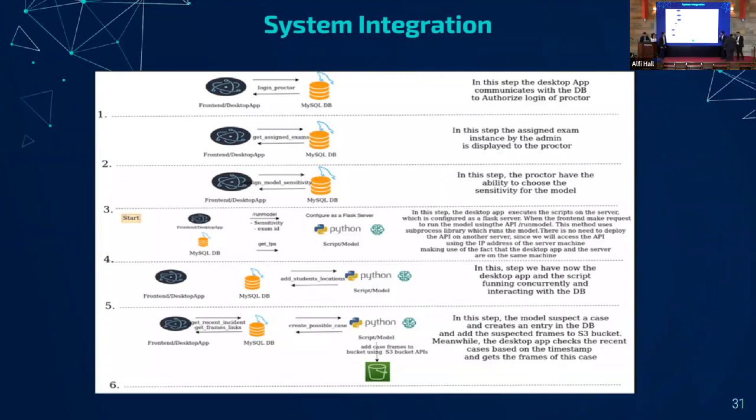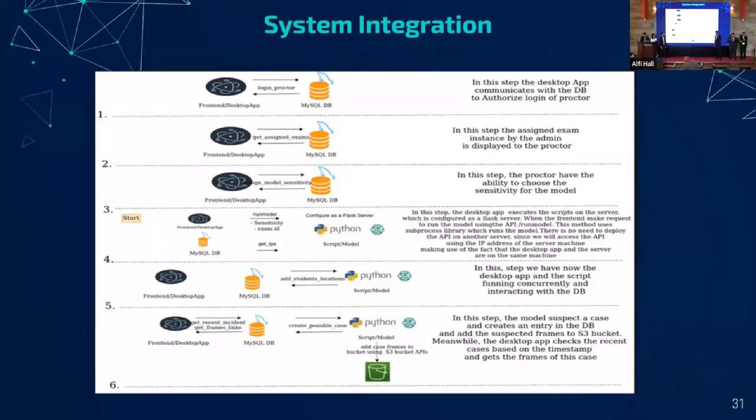Okay, thank you, Marwan. After looking at each component of our system, we look at how we integrated them. First, the user has to log in on the front end and is authenticated through the back end. If the process is successful, the user can start an exam instance.